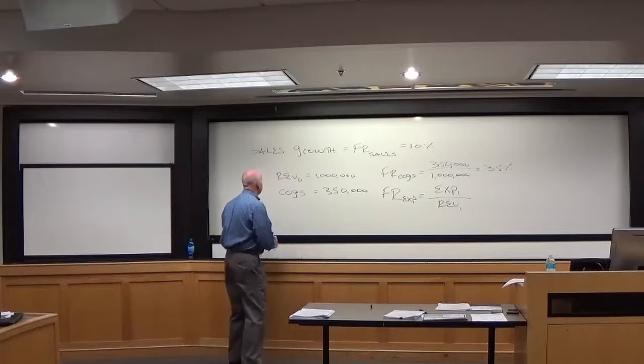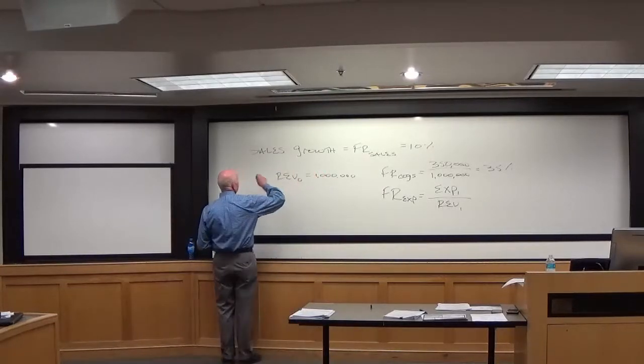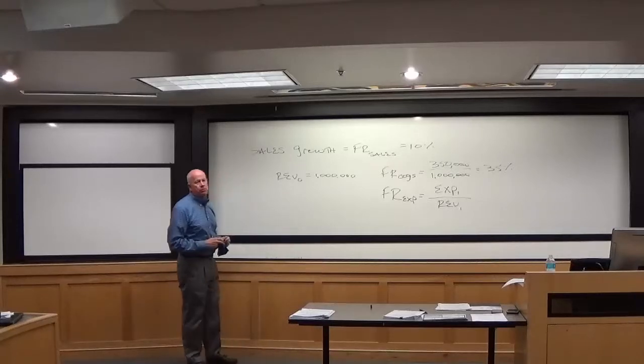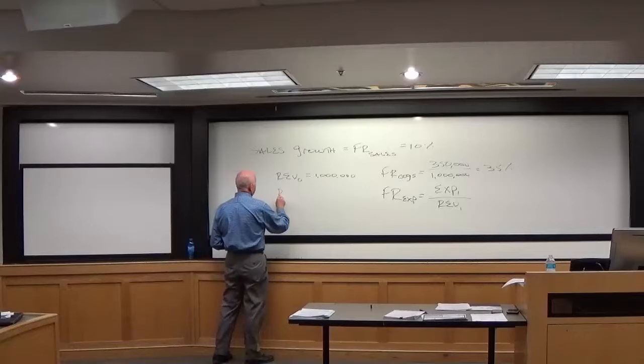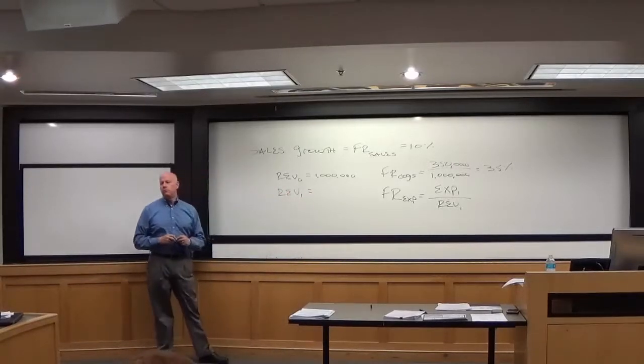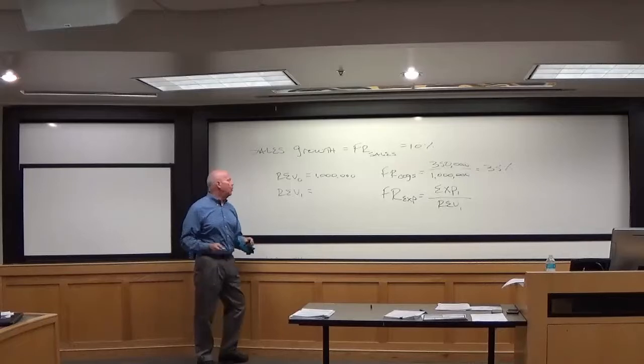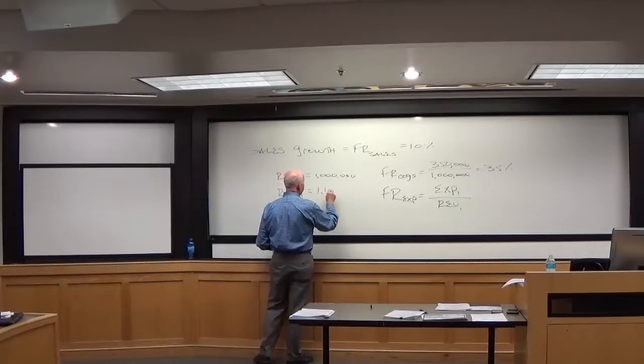Working okay for me. Remember, my revenue in year 0 was $1 million. What's going to be my revenue in year one? Times that million by 1 plus the growth. Yeah, so 1 million times 1 plus 0.10, or 1,100,000.